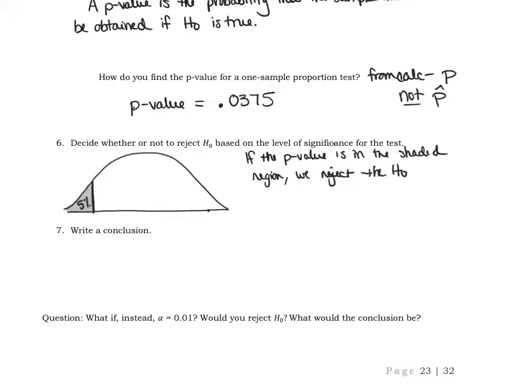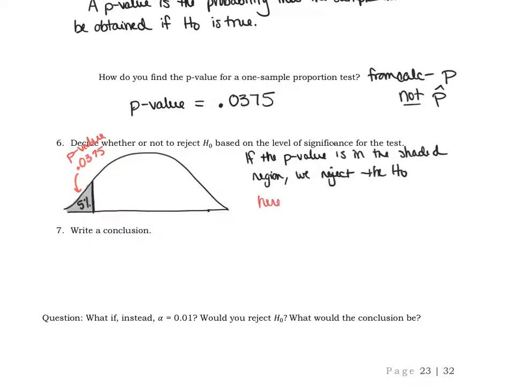Okay, so for us, the value 0.0375 is in that shaded region. It is smaller than 5%. So it is in that most extreme 5% to the left.